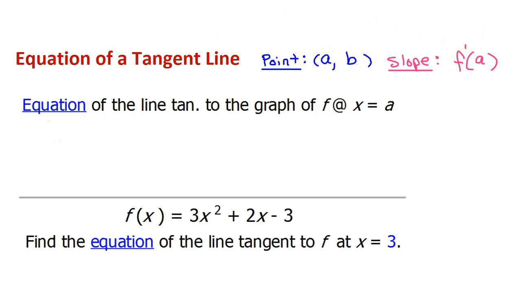With this in mind, the equation of the line tangent to the graph of f at x equals a, using point-slope form, will be y minus b is equal to the slope, which is f prime at a, times x minus a.